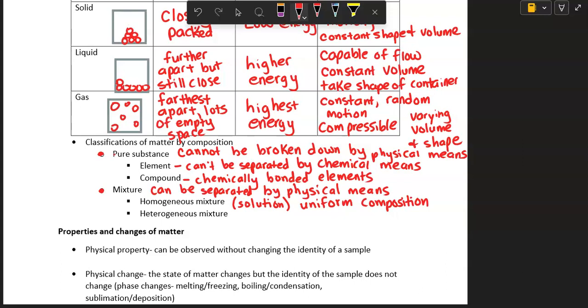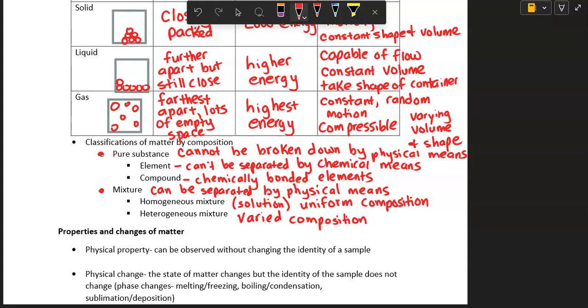So think about taking salt and dissolving it in water. It disappears. It basically looks like a glass of water still. A heterogeneous mixture will have varied composition, and so you can typically see the individual parts. A lot of food examples for this. Think about a slice of supreme pizza or chicken noodle soup or, okay, this isn't food, but a mud puddle. Things that you can see the different parts in, and if you took a sample of it from a different place, it probably wouldn't have the same composition as another sample would.